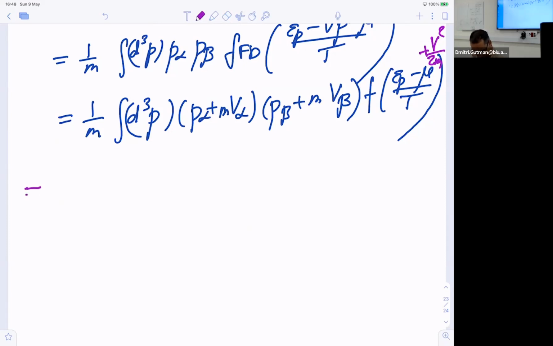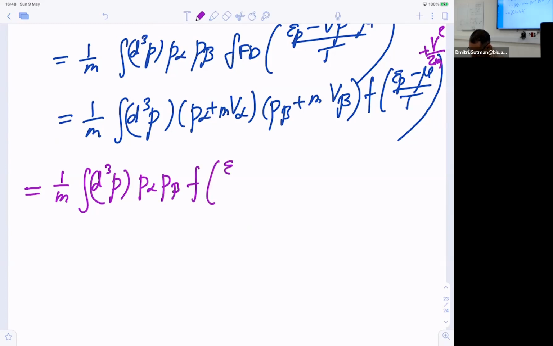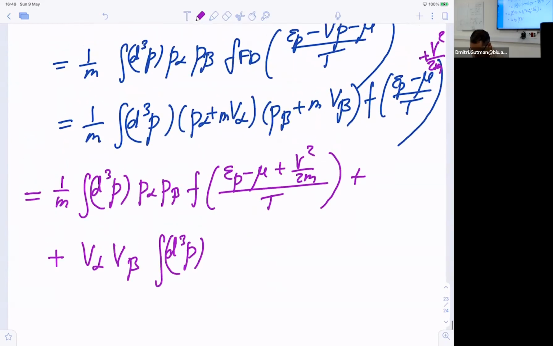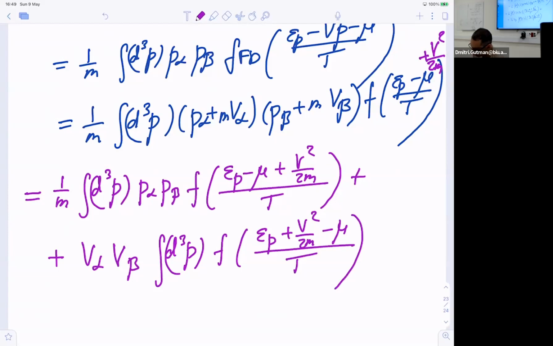So we now have terms that are 1 over m integral d3p, p alpha p beta F of epsilon p minus nu plus v squared over 2m divided by temperature, plus a term which is v alpha v beta integral d3p F of epsilon p plus v squared over 2m minus nu divided by temperature. Okay, so everything is kosher.